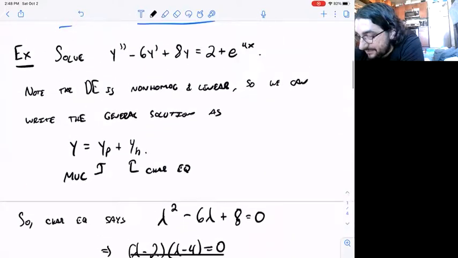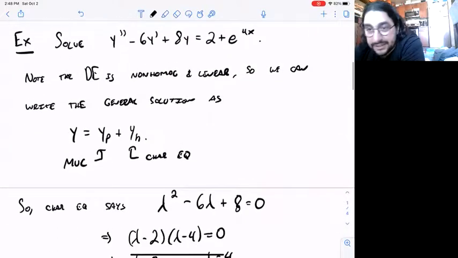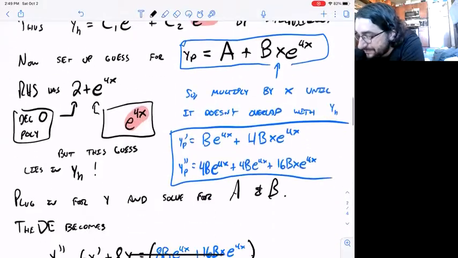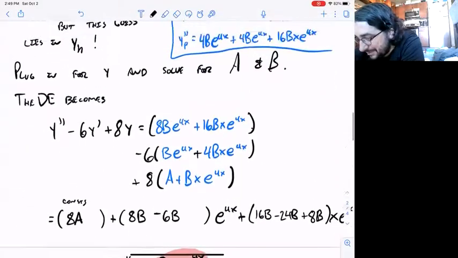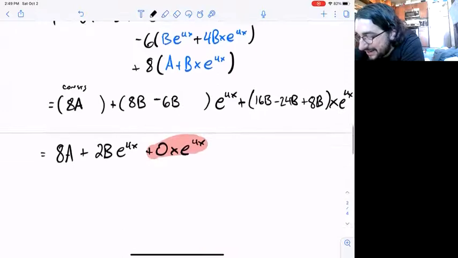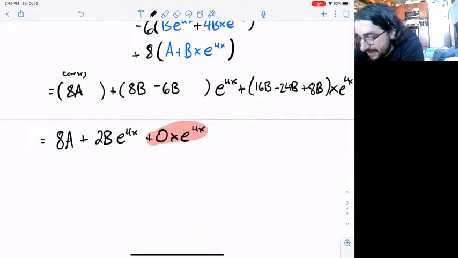We're trying to get 2 plus e to the 4x. Well, I shouldn't say it's guaranteed that there's no solution, but that coefficient would have to be 0, whatever was sitting in front of that. And in this case, if the b was 0, then we're not going to get that e to the 4x, because b is the coefficient there. So there wouldn't be any e in it at all. So this one vanishes.